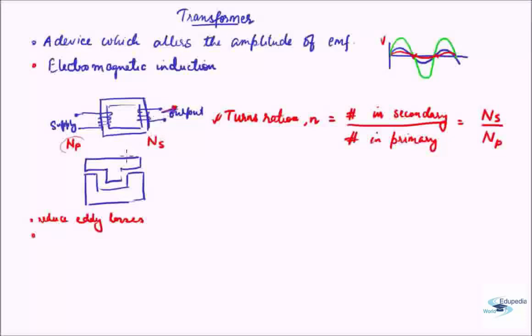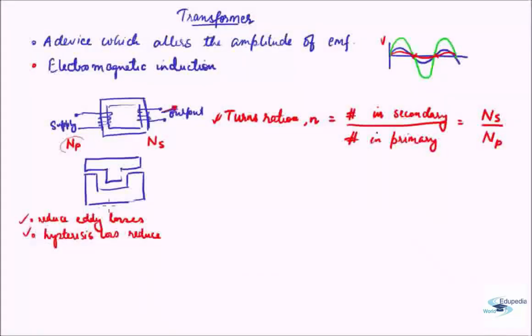And finally, we have the core made out of soft iron. Why so? Because soft iron has high magnetic permeability and hysteresis losses are reduced. You need not know in exact details what it is, but what this means is that different losses are reduced.